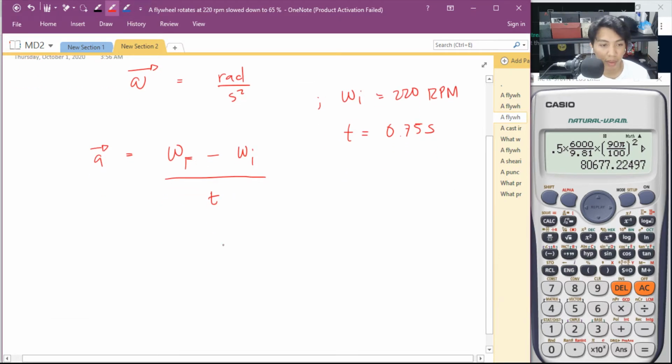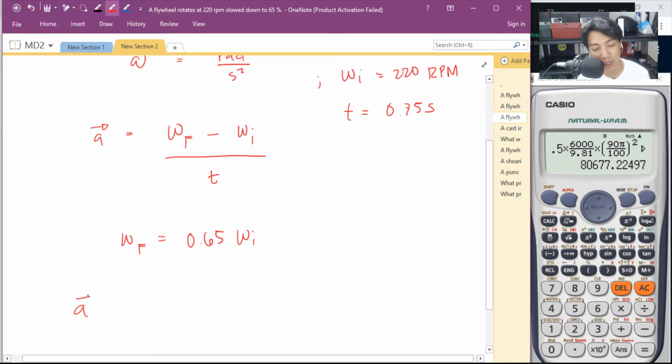Okay? We can say that yung final angular velocity is equal to 0.65 or 65% nung initial. So, we put this into one equation para ma-solve natin yung angular acceleration or angular deceleration. So, 0.65 nung Wi minus Wi divided by 0.75 seconds.